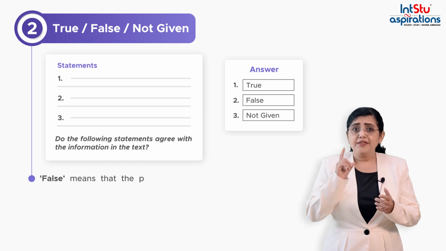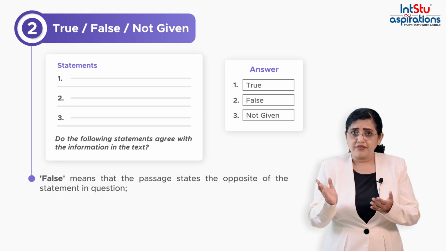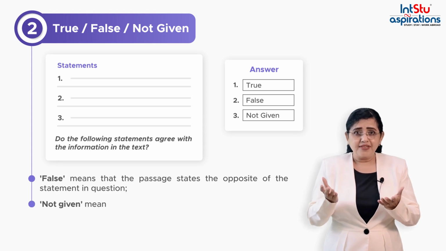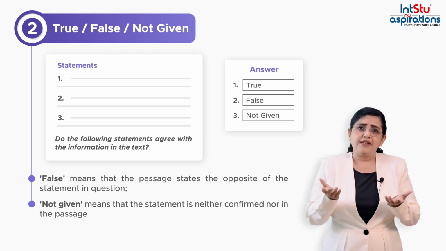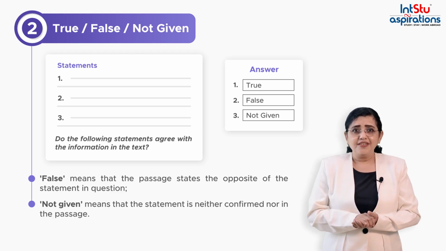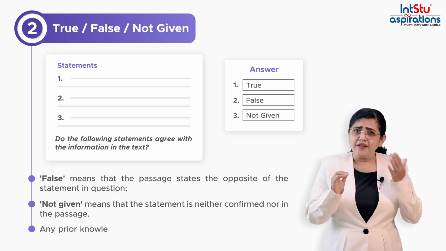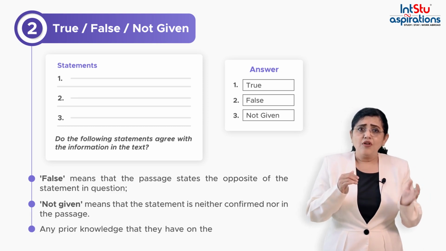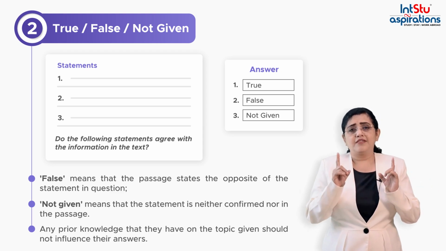False means that the passage states the opposite of the statement in the question. Not given means that the statement is neither confirmed nor contradicted in the passage. Students need to understand that any prior knowledge that they have on the topic given should not influence their answers.